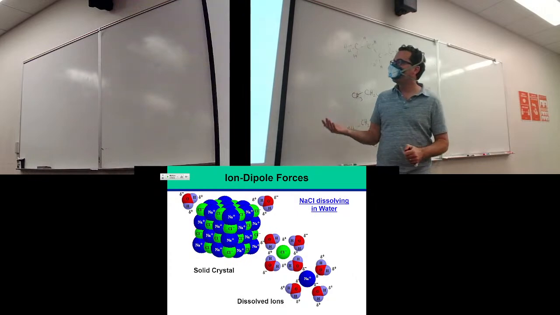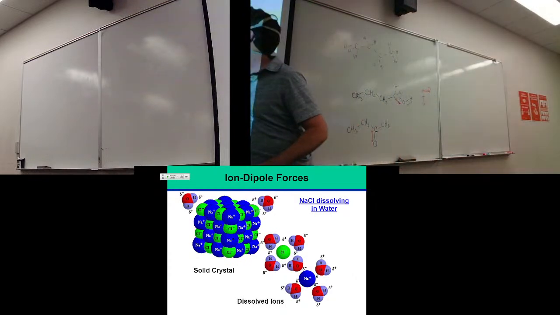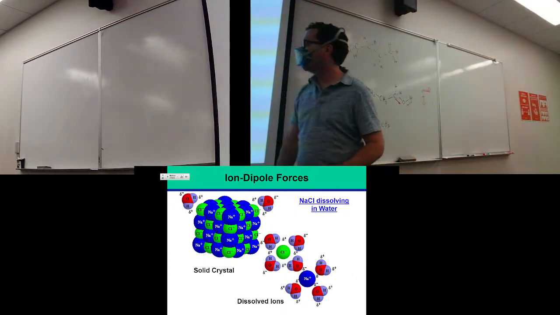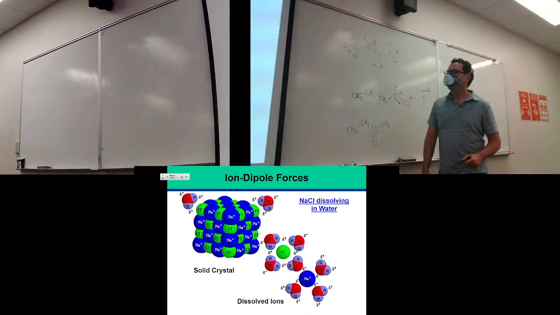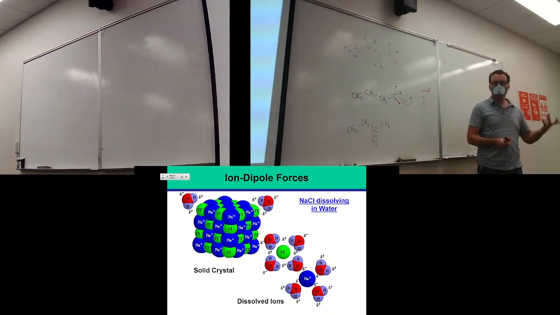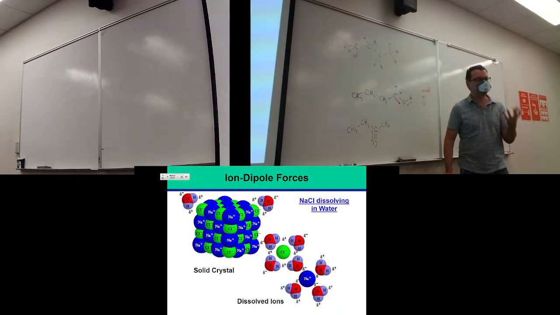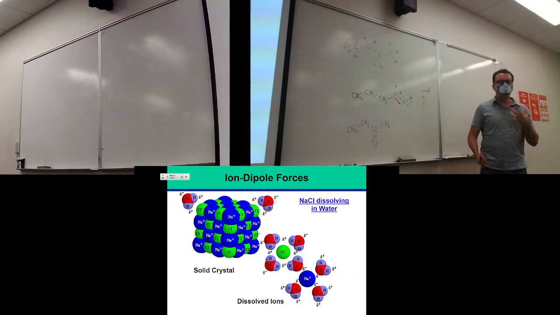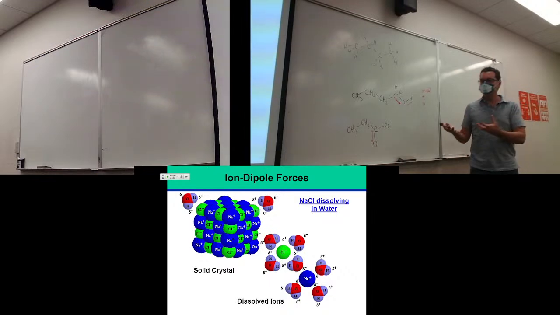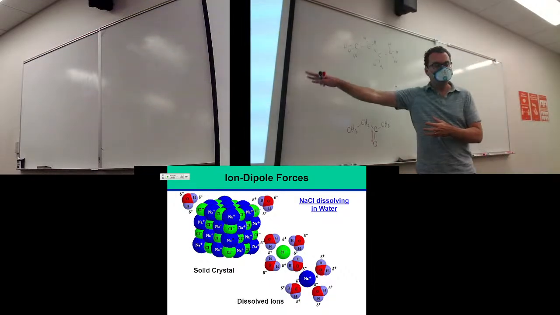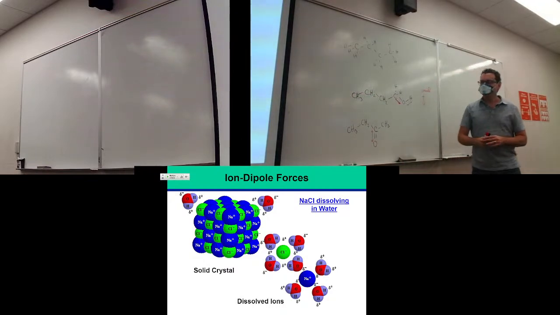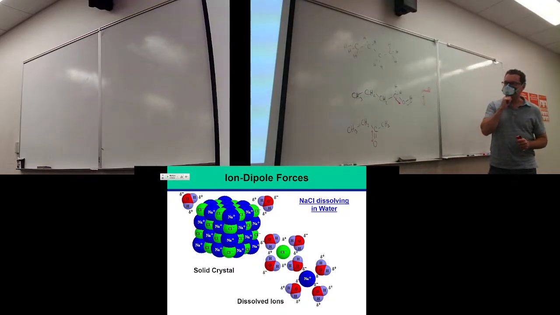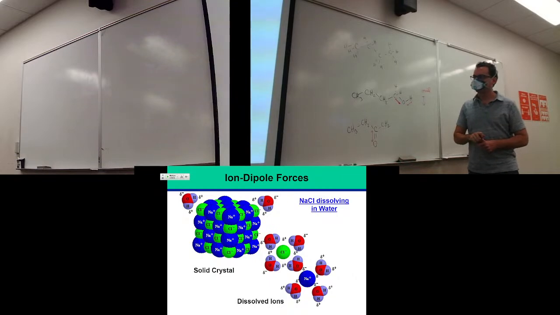The positive side of water is attracted to the anions, and the negative side of water is attracted to the cations. And even though this might not be as strong an attraction as an ionic bond would be, the fact that the salt will dissolve means that this is a favorable thing. There is pretty strong attraction between ions and water.